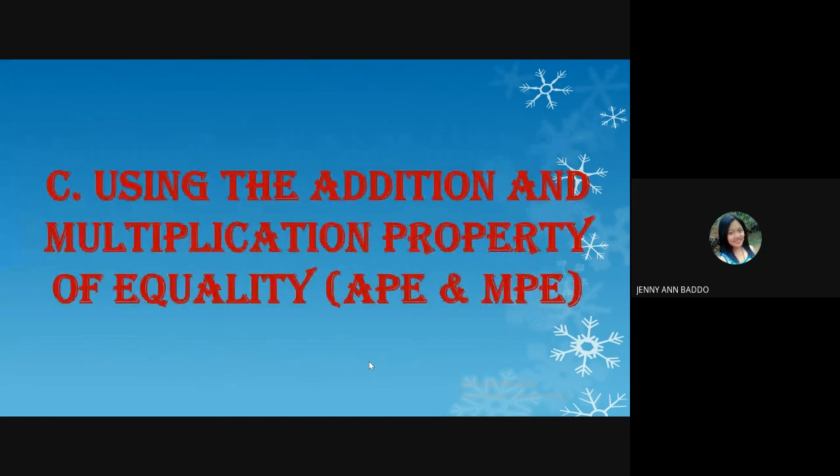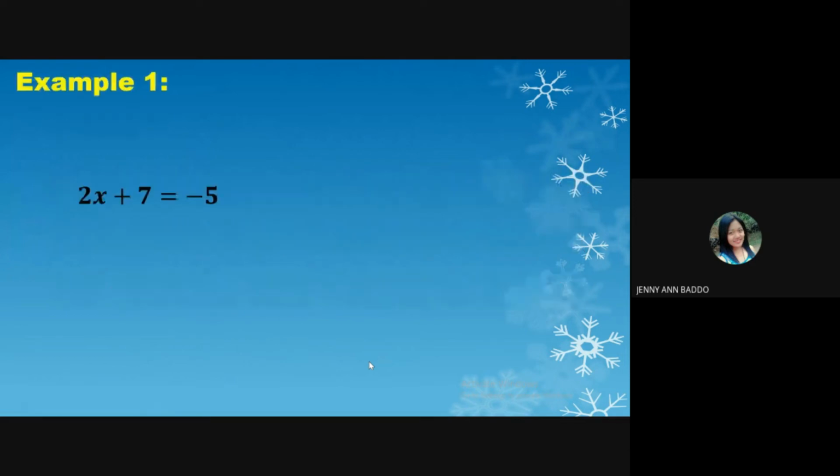Next, we have using both the addition and multiplication property of equality. Example, 2x plus 7 equals negative 5. If you use both the APE and the MPE, you must start from using the APE. In isolating x here, we have to get rid of positive 7 first before 2. So to do that, we have to transpose positive 7 to the right side of the equation.